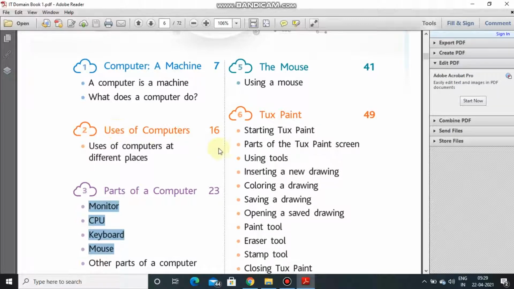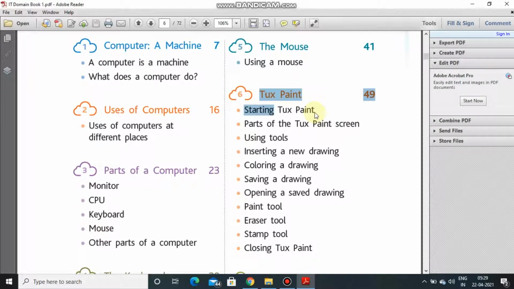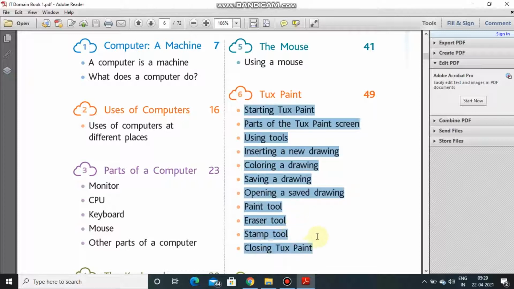And for the interesting part for the students, we will have an application software, Tux Paint, which is a drawing and coloring application. Students will find it more interesting because they would be learning to draw or paint in this program, along with using certain tools which make your drawing more interesting and more attractive.